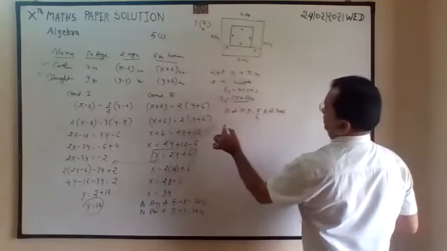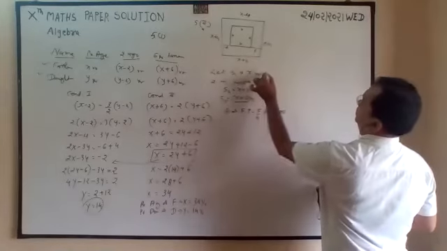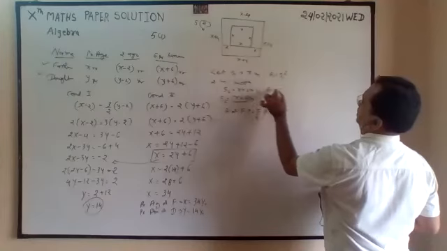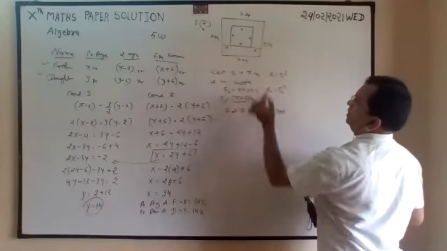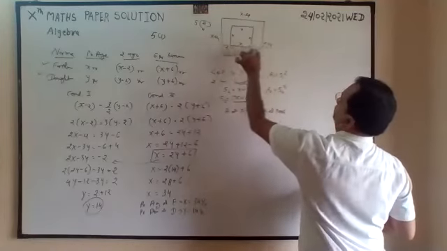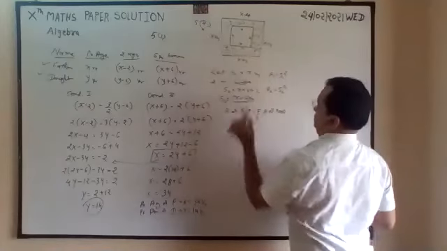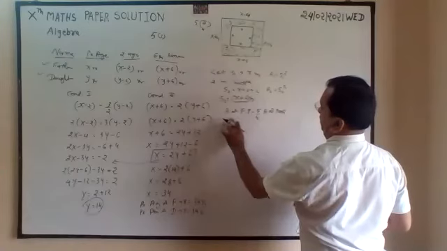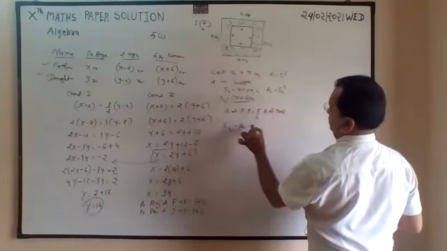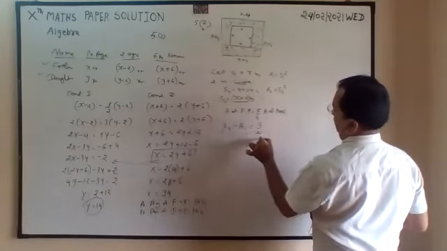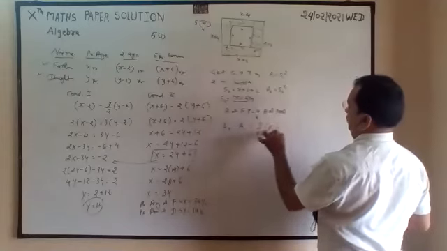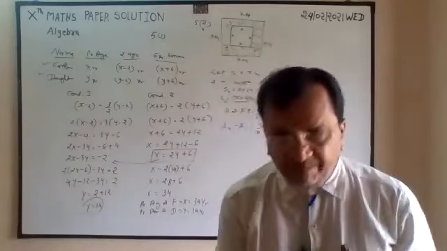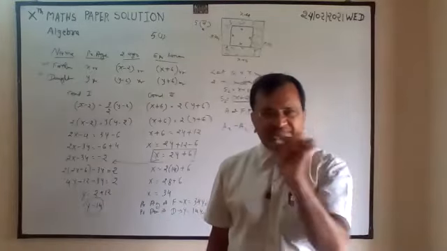Area 1 is equal to side 1 square, area 2 is equal to side 2 square. Area of footpath we want, that is area 2 minus area 1 is equal to 5/4 times area 1. Area of only footpath means big square minus small square.